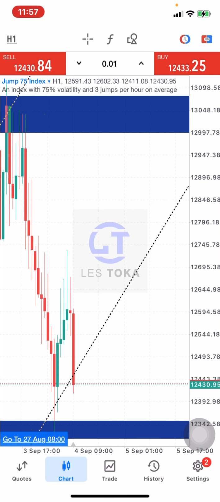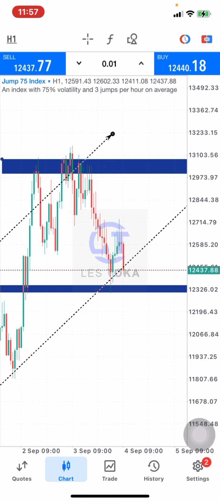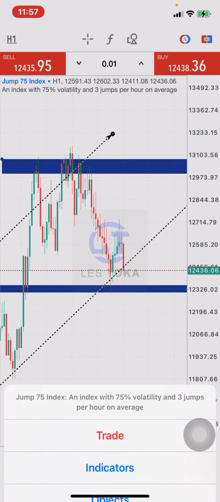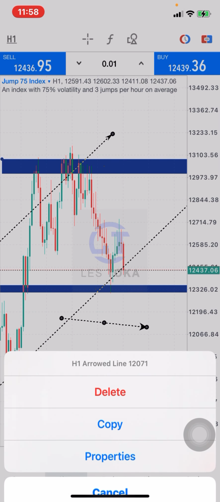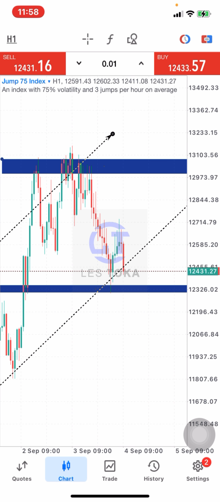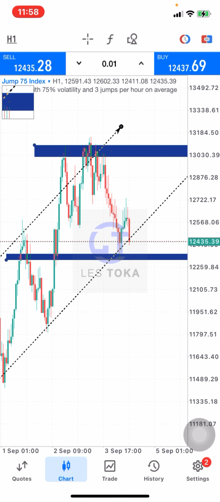I'm just going to delete this Fibonacci because now we have an idea of what is happening there. At the 61.8 level, the market touched, it went up. Now it's coming for a retest, creating a W formation to further push to the upper part of the market, but it will have difficulty crossing this level here.